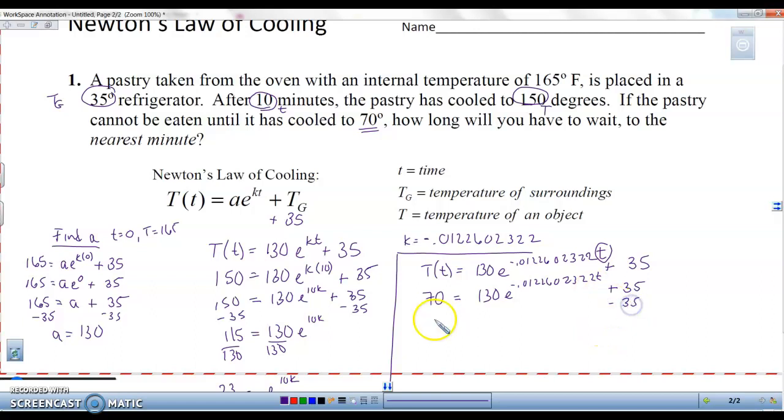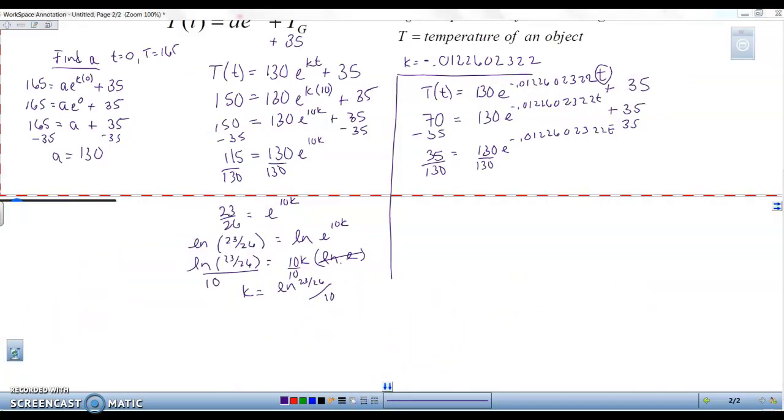Subtract the 35. And that gives me 35 again, equals 130 e to that number, negative 0.0122602322t. Sorry about that. All right, solve for e, divide by 130. And that gives me 35 divided by 130.